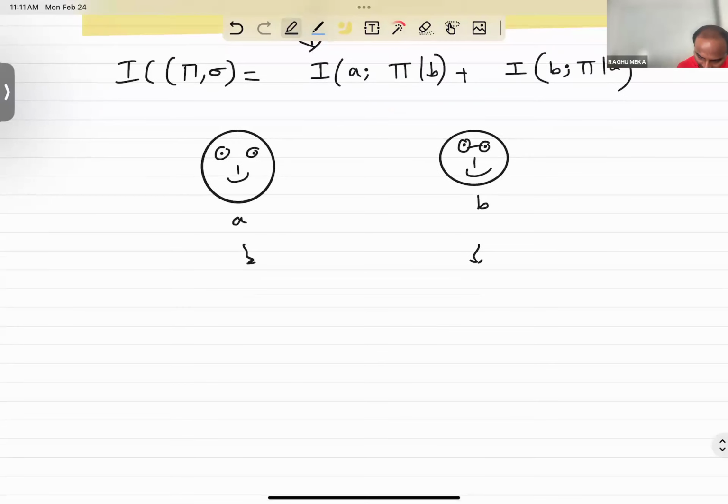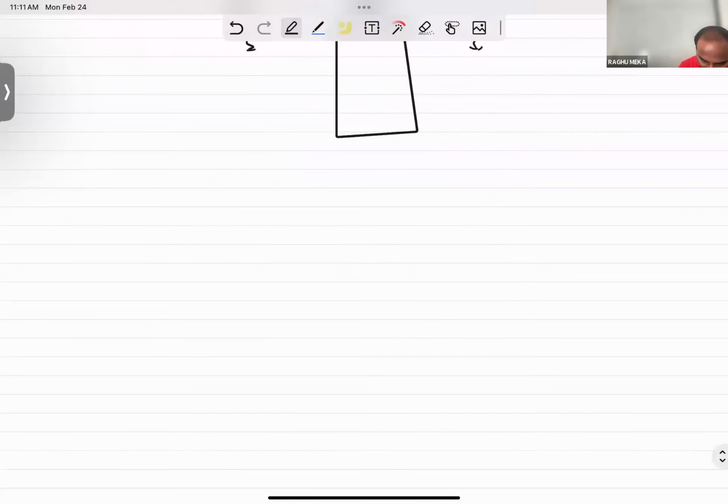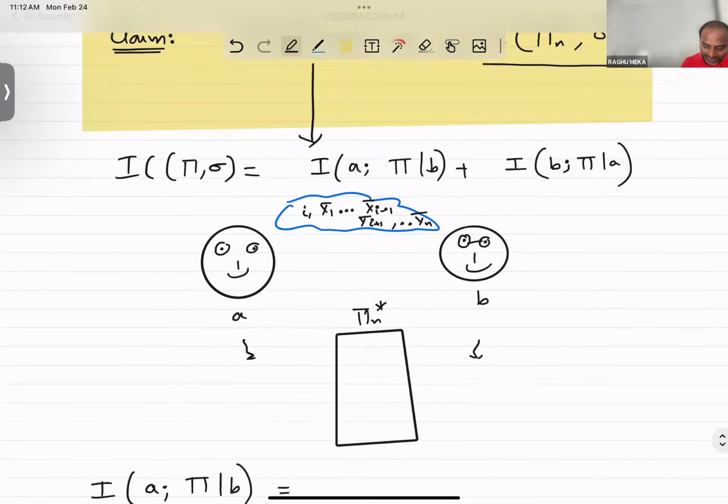So let's take what are all the main things. So we have the public randomness. So we have x1 bar up to xi minus 1 bar, yi plus 1 bar up to yn bar, right? These are the public randomness bits. And then you have the protocol. Okay. So we can write down the mutual information between these two things, let's take it one term at a time.